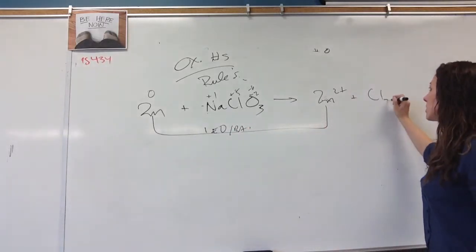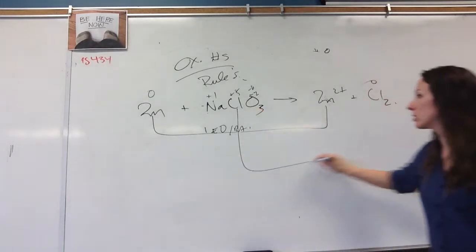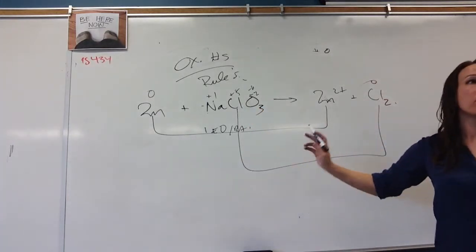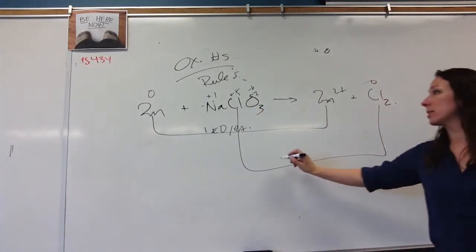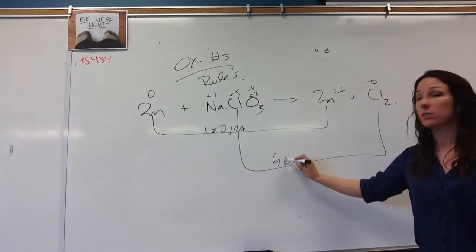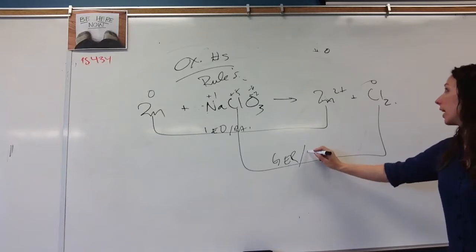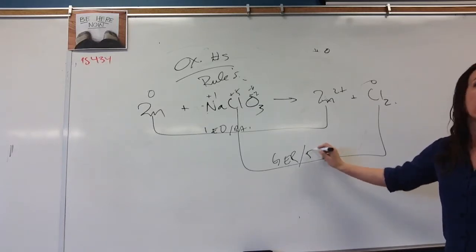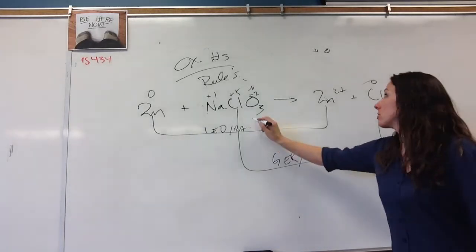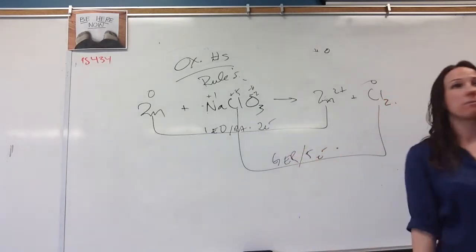And let's say I form Cl2 there, so I've gone from 0 to 0. If I've gone from 5 to 0, I must have gained electrons, which is reduction. That number was reduced, and I must have gained 5 electrons. And here I've lost 2 electrons.